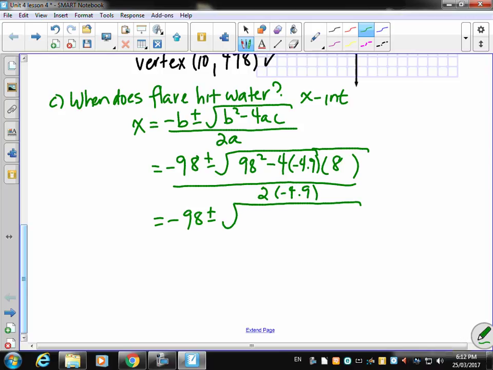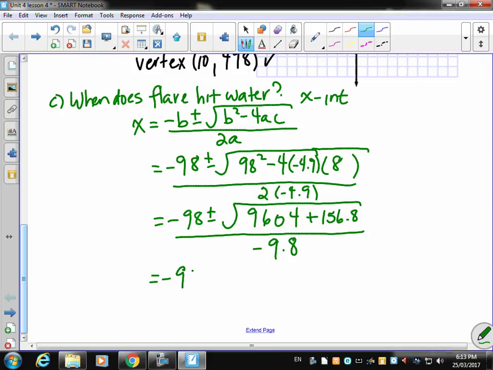So the first thing I need to do is find out what 98 squared is. It is 9,604. Then I'm going to subtract 4 times negative 4.9 times 8. The first thing I noticed is that I have two negatives, so I'm going to have a positive. I'm going to type into my calculator 4 times 4.9 times 8, and I get 156.8, all over 2 times negative 4.9, which is negative 9.8.